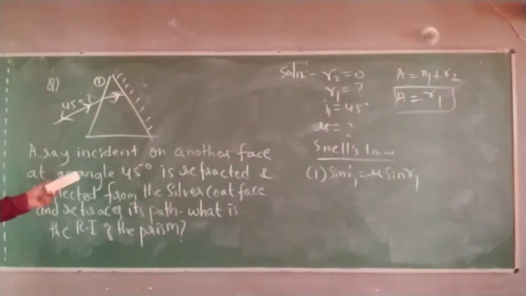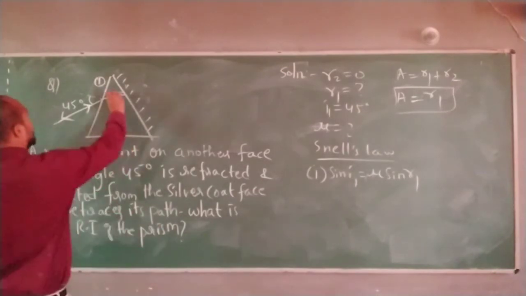A ray incident on another face at an angle 45 degrees is refracted and reflected from the silver coating surface and retraces its path. What is the refractive index of the medium? Wait guys.